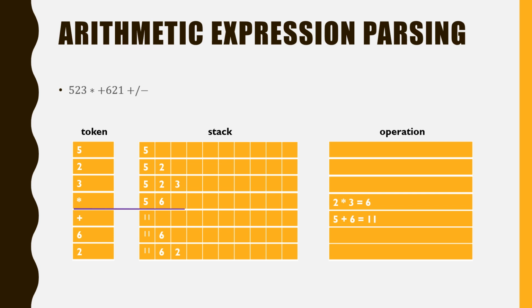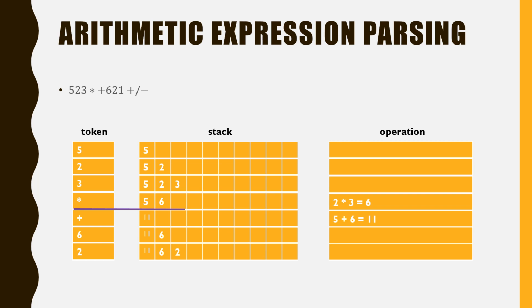Let's go through the algorithm with the postfix expression we have. The first 3 tokens are all operands, and we push them into the stack. The fourth token is a multiplication operator. In this case, we pop 2 operands, 2 and 3, out of the stack and multiply them.